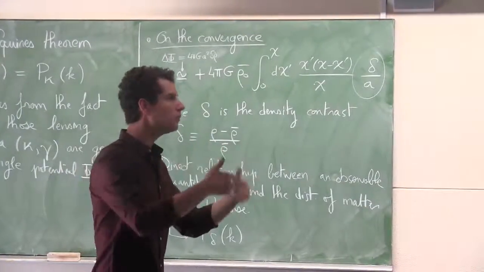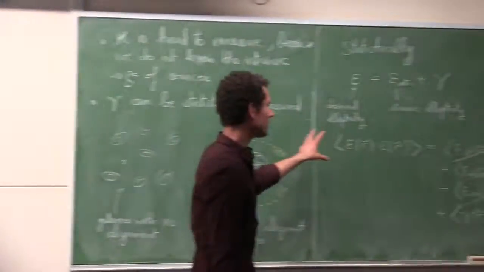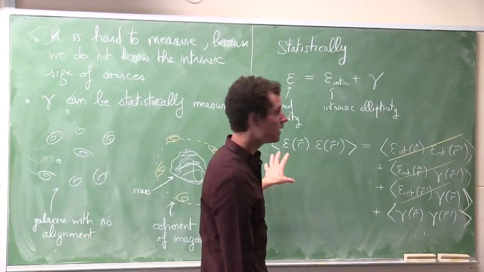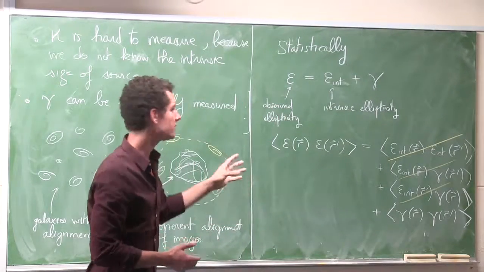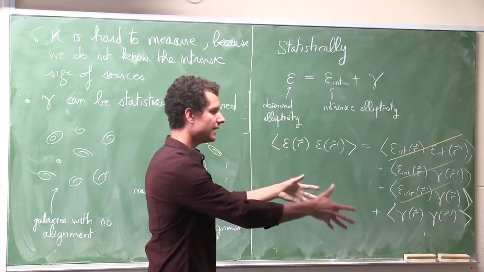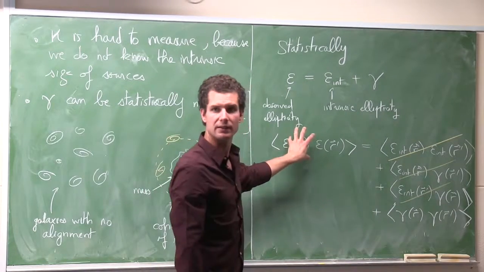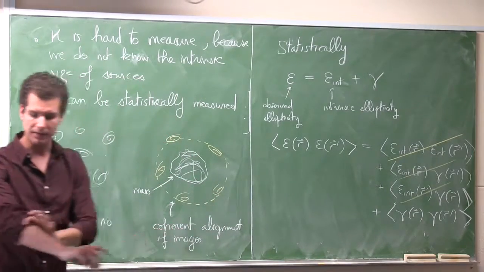But there are some new propositions that emerged to use higher order statistics of the shear and ellipticities. Because here, when you're doing that, you're losing a lot of information. You're just using the part of the data that corresponds to the second order statistics, two-point correlation functions.